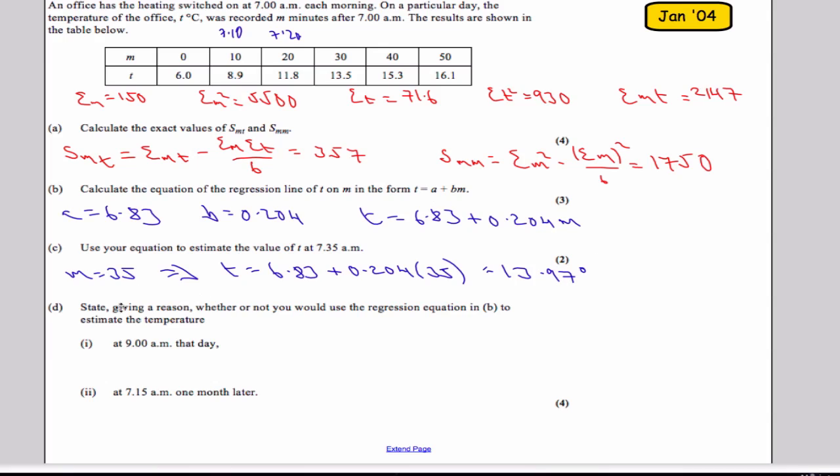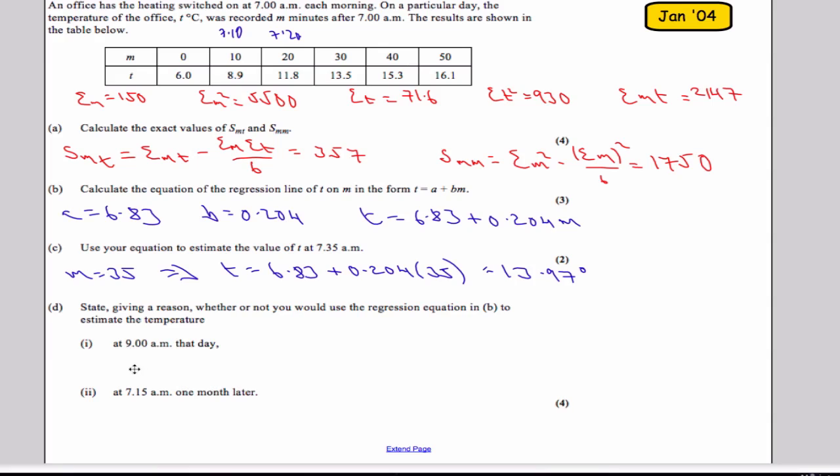Okay, state, giving a reason, whether or not you would use the regression equation in B to estimate the temperature at 9 a.m. that day. Well, obviously not, because that's way outside the range. We only recorded temperatures between 7 and 7:50.